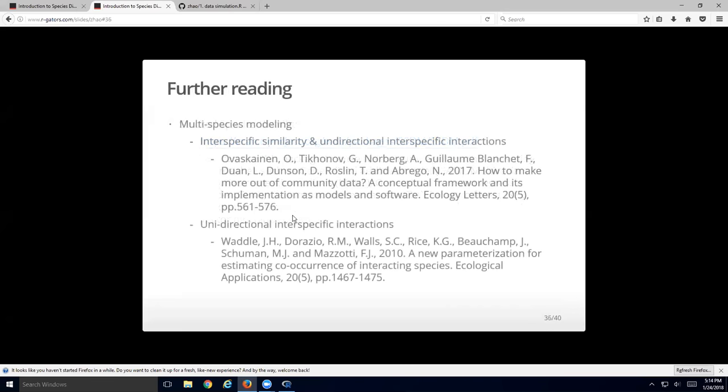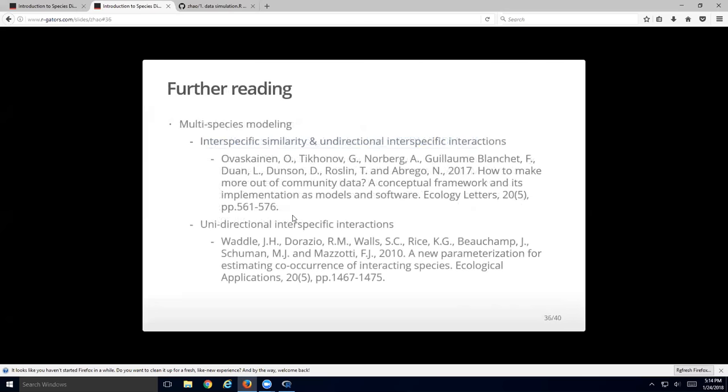Also, there are multi-species models. And I want to be really quick about this part, and if you're interested, you can just find the paper. But these are all parametric approaches.